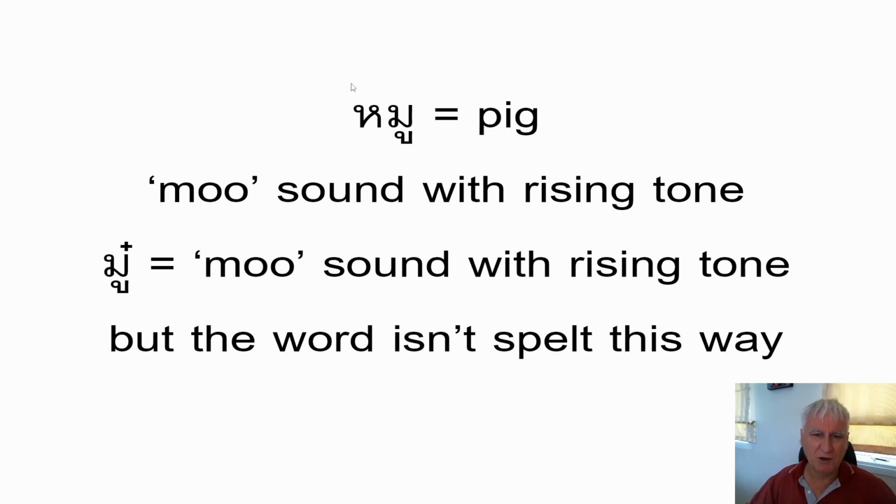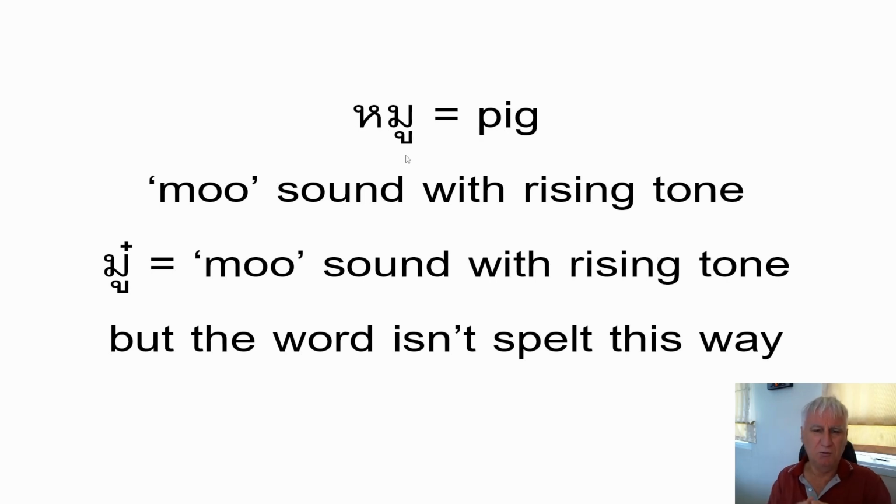The way Thais write it is this way, with two initial consonants, like an H and an M. And normally, if you see a word with two initial consonants, it could be a consonant cluster, but these are not a consonant cluster.